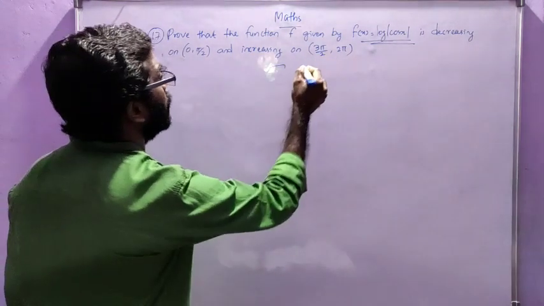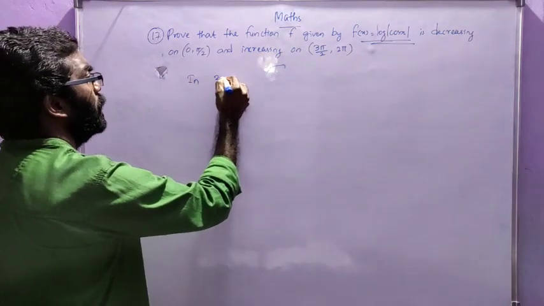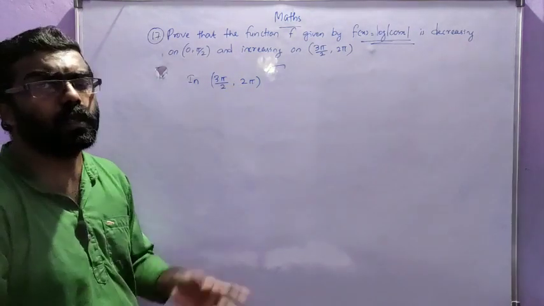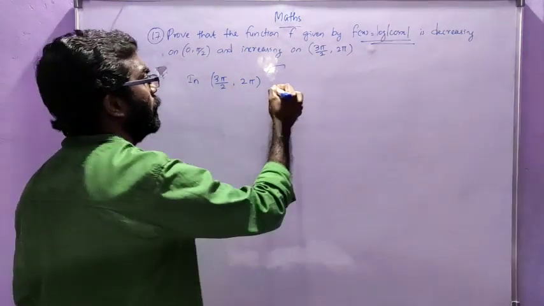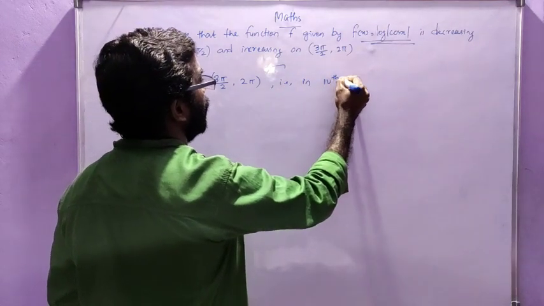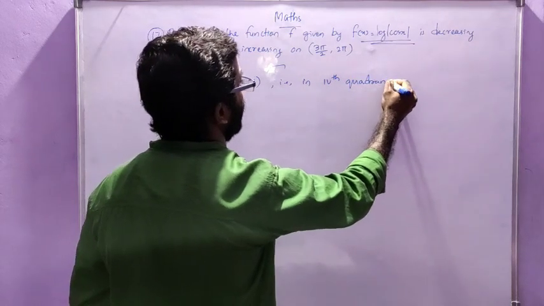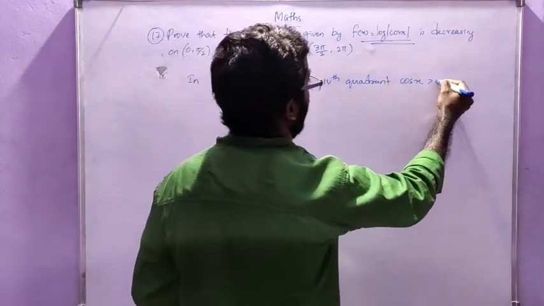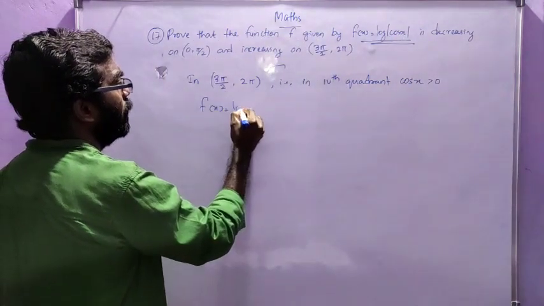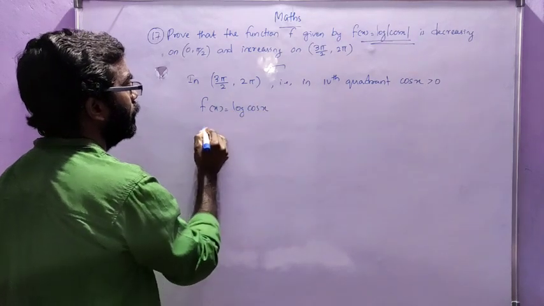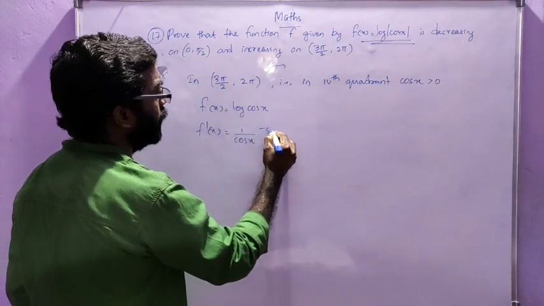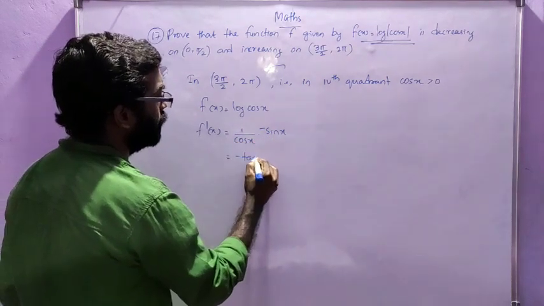Now the second part is in (3 pi by 2, 2 pi), that is in the fourth quadrant. So in the fourth quadrant also cos x is positive, that is, in the fourth quadrant cos x is greater than 0, so we can change this modulus sign. f of x is equal to log cos x, and f dash of x is equal to 1 by cos x into minus sin x, that is minus tan x.